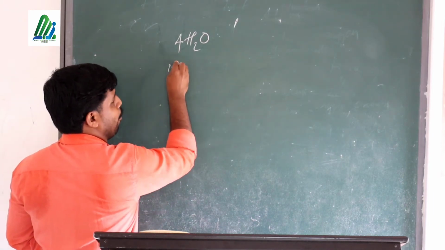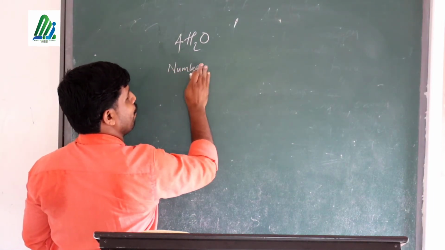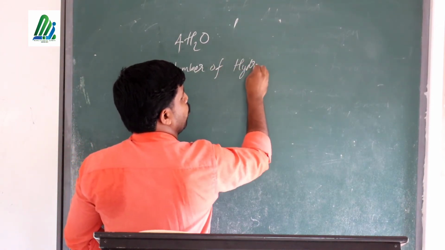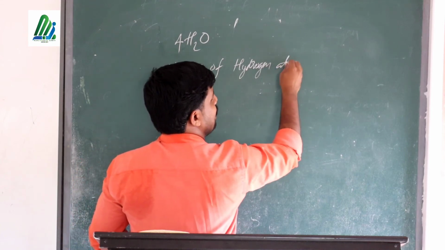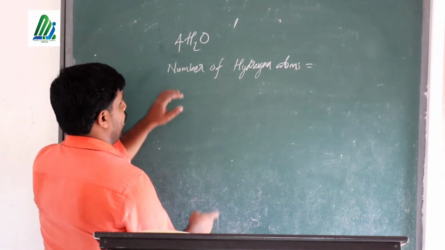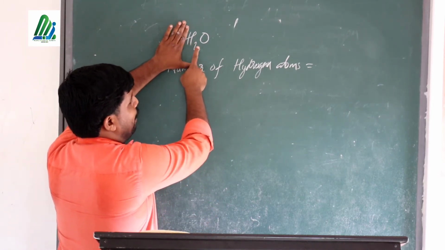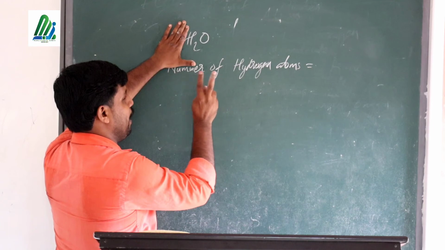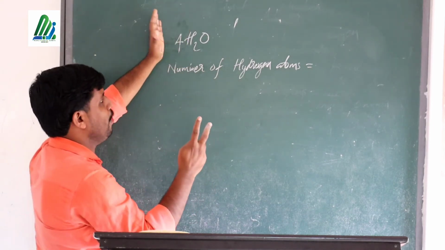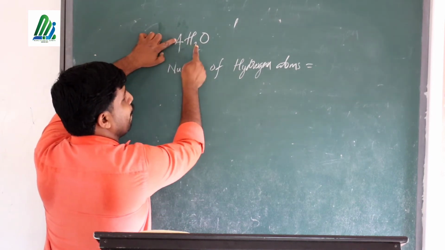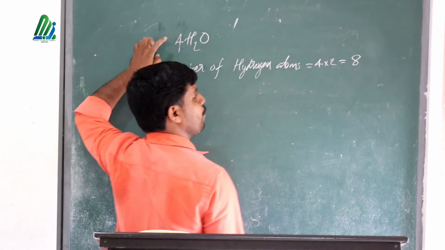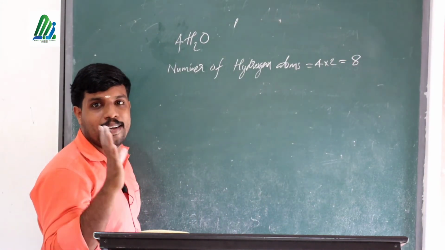So again, number of hydrogen atoms is equal to... In one molecule, how many hydrogen atoms? 2 hydrogen atoms. But here it is 4 molecules. So 4 into 2 is equal to 8 hydrogen atoms.